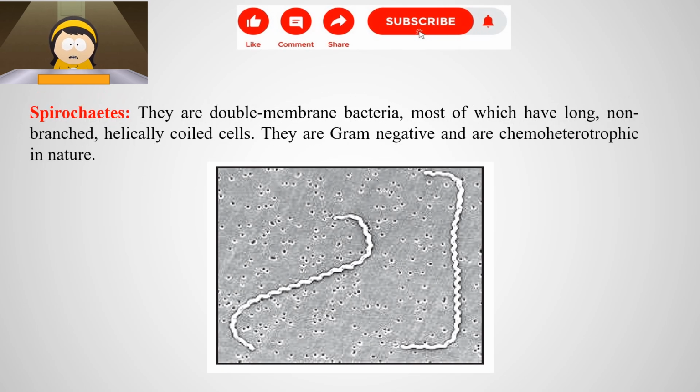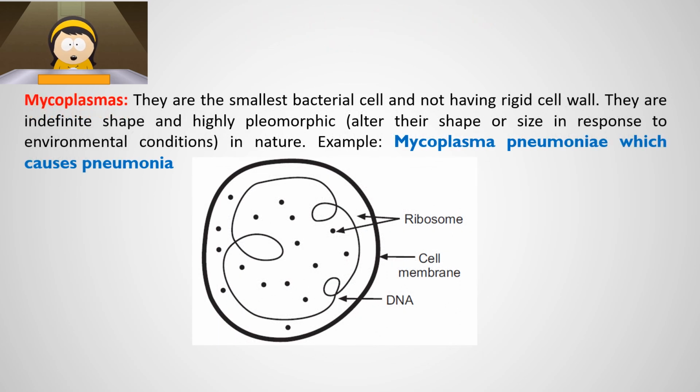This slide is showing the spirochetes. They are double membrane bacteria, most of which have long, non-branched, helically coiled cells. They are gram-negative and are chemoheterotrophic in nature. Mycoplasmas.